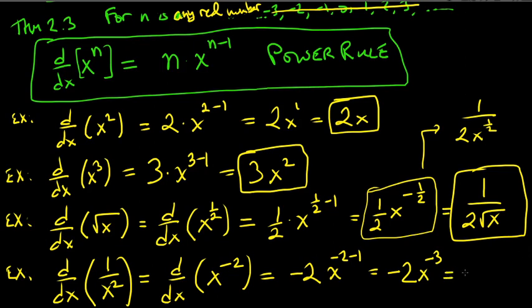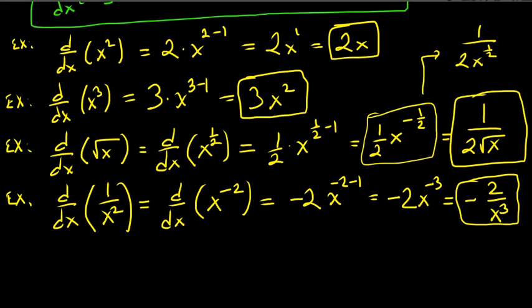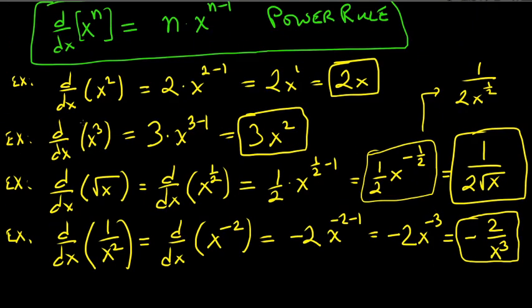So this is going to be negative 2 over x cubed. And that was what we got using the definition. What took 10 minutes, maybe, didn't even take 1 minute. Well, okay, maybe 1 minute, 45 seconds, whatever. So you get the idea.